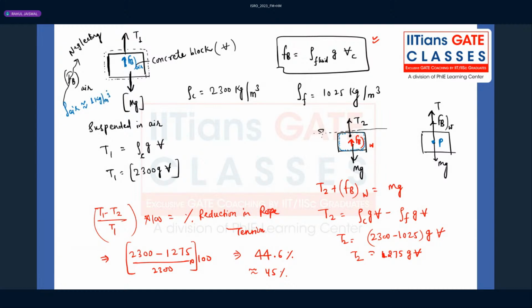Even if you include it and calculate, you will hardly get any change. We cannot assume anything regarding the density of air because it has not been given in the problem. But when you read the air data book, you will find the density of air is not more than 1.2 or 1.3 kilogram per meter cube, which is very low compared to 2300.